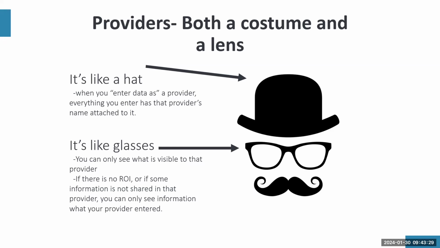So your costume is what you need to change into when you're entering data as, and your visibility for that provider is like the glasses for that provider. So if there is no release of information for some of the information within HMIS, if there's not an ROI for that specific project level provider, you will not be able to see the information in HMIS.